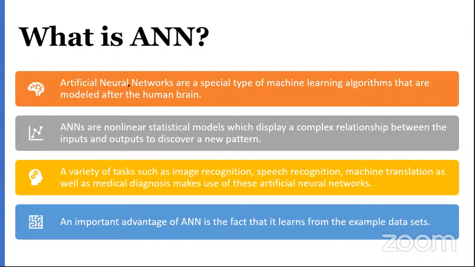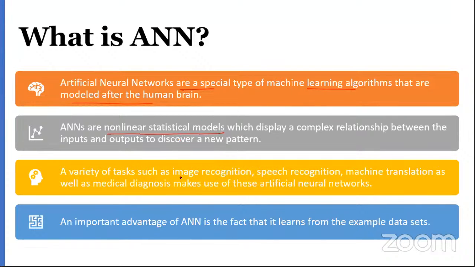Number one, an artificial neural network is a special type of machine learning algorithm that models the human brain. The second point is that these are non-linear statistical models. Basically in ANN, whatever data you pass, the model will analyze the data and try to find out the complex relations amongst the inputs, and based on those relations, the model generates some kind of output.